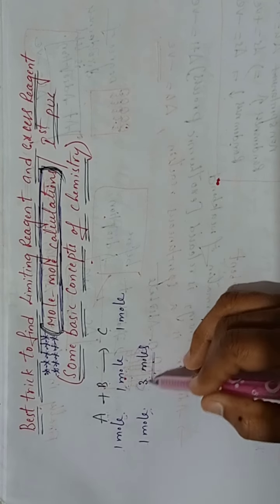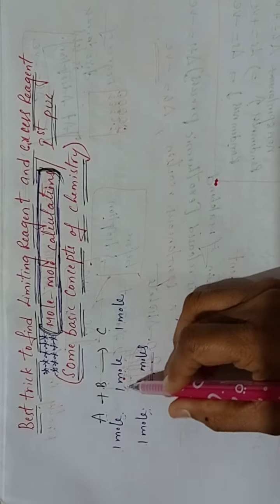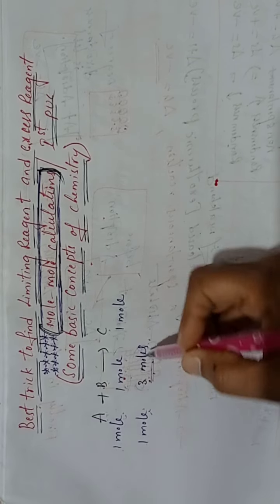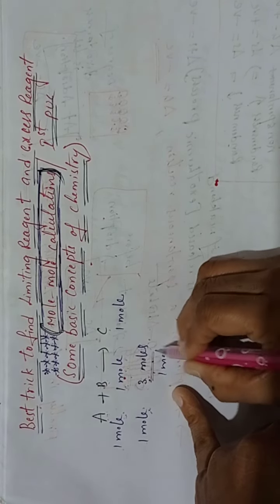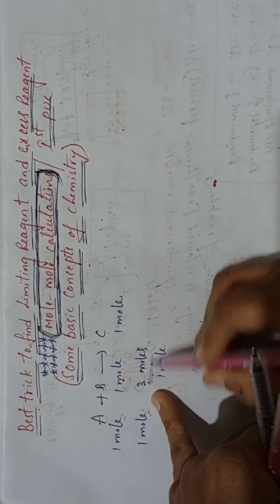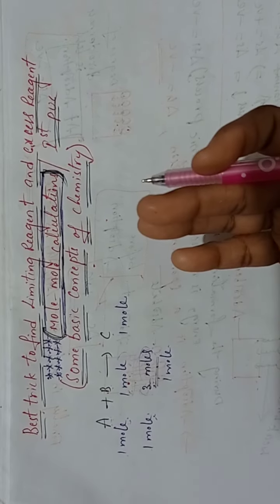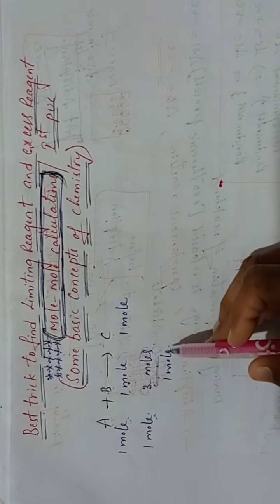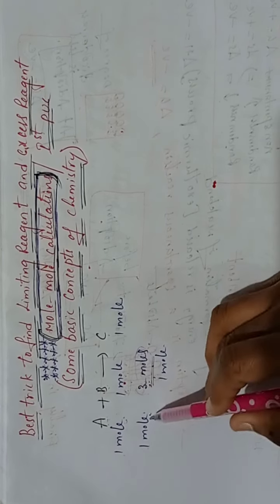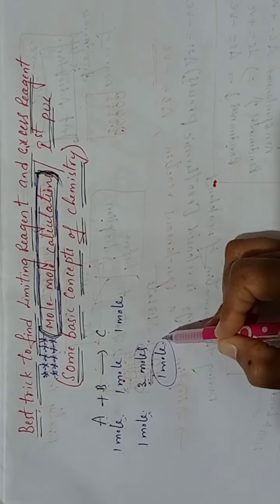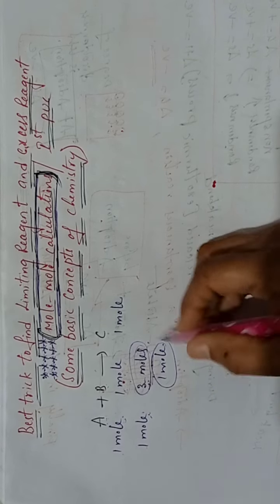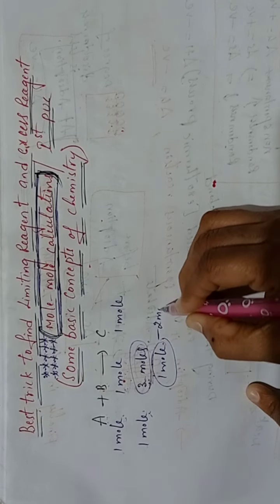So that means in these 3 moles, only 1 mole is consumed in the reaction. That means 1 mole of A combined with only 1 mole of B, students. In 3 moles, 2 moles will not react with A reactant. Remaining 2 moles are which one, students? 2 moles are left over.